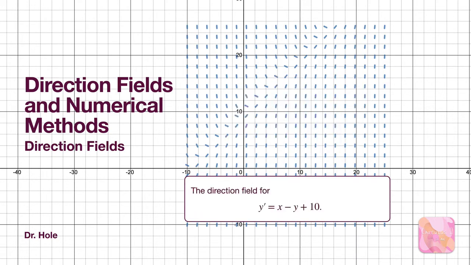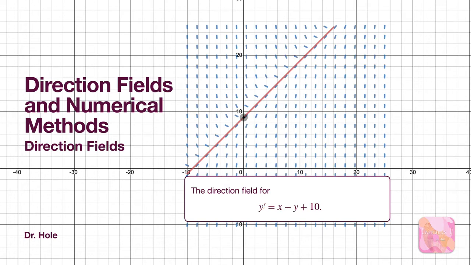In particular, this direction field corresponds with the differential equation y prime equals x minus y plus a constant 10. Let's pick a point, the point (0, 9). If we plug in 0 for x and 9 for y, then y prime would be positive 1.